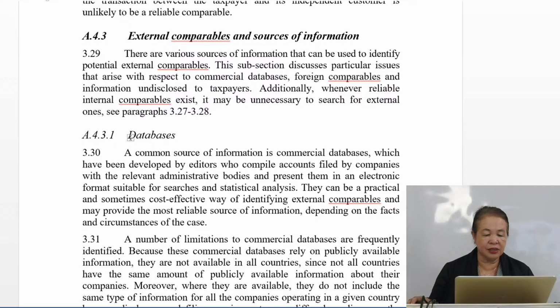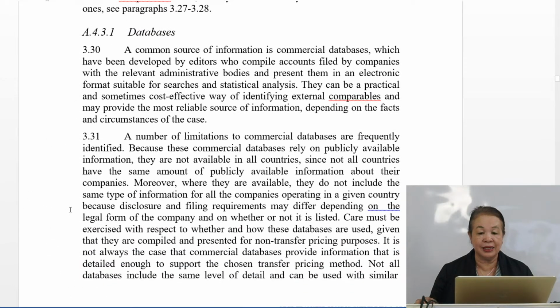So what are these databases? A common source of information is commercial databases which have been developed by editors who compile accounts. Ito na yung gahanap sila ng sources na information and then kino-compile nila, filed by companies with the relevant administrative bodies and present them in an electronic format suitable for searches and statistical analysis, no?